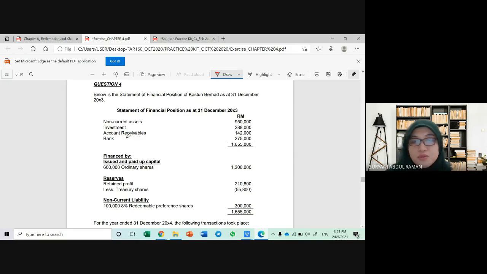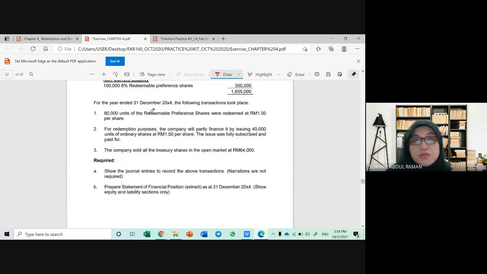Given to us here is the list of assets, and then the equity and liability section. This information is for 31st December 2003. Under here is the information for 31st December 2004, which is the one we need in our answer.